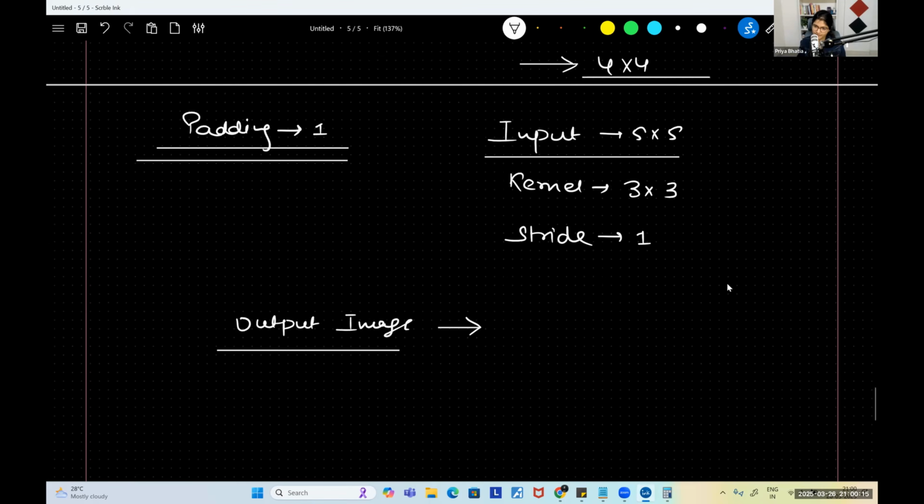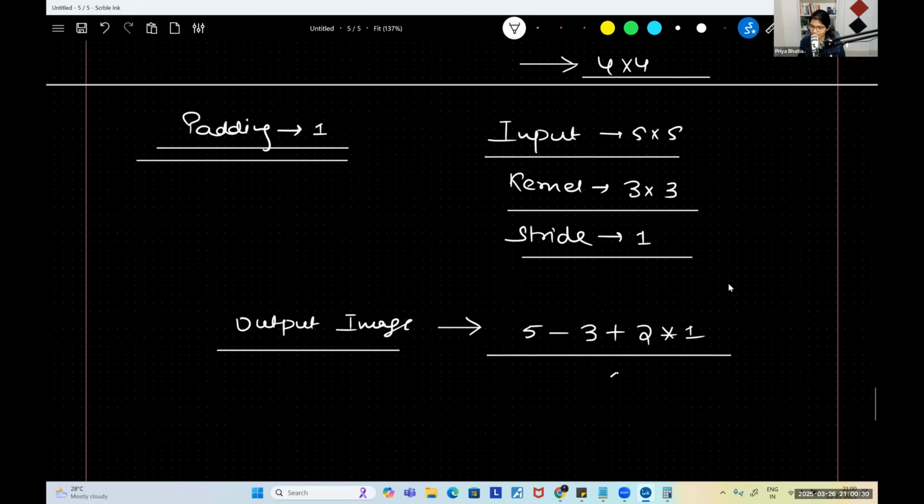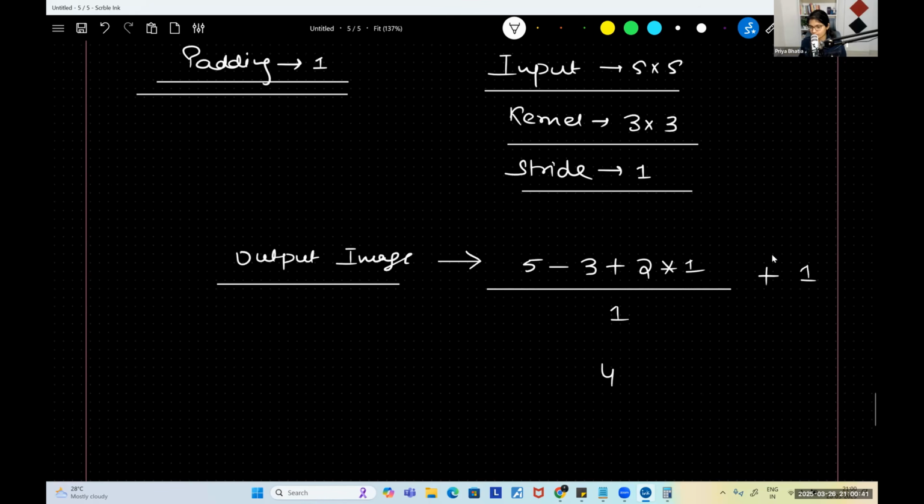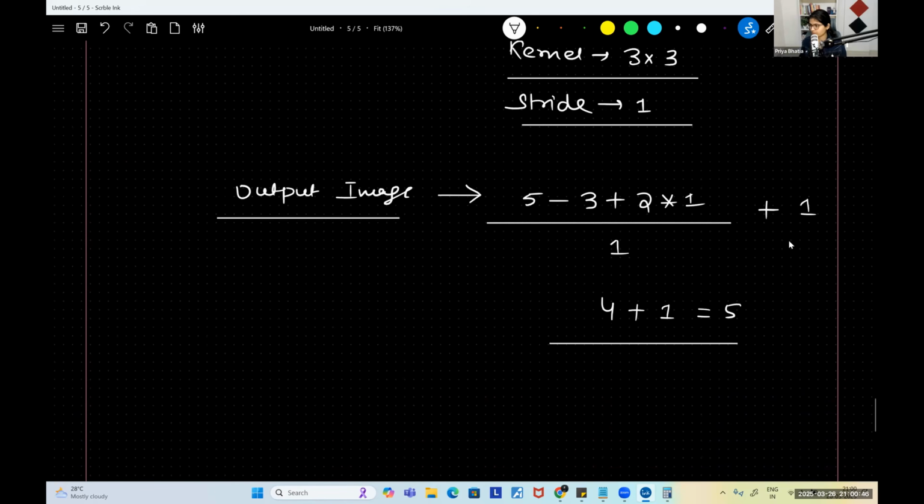Yep. So you can apply the formula: input shape minus kernel size plus 2 into padding, which is now 1, divided by stride 1, plus 1. So 5 minus 3 plus 2 divided by 1 gives 4, plus 1. So as per our calculation, the output size will be 5 cross 5.